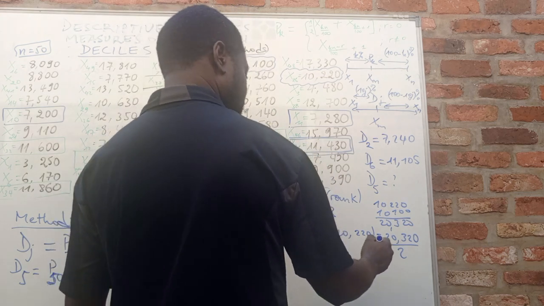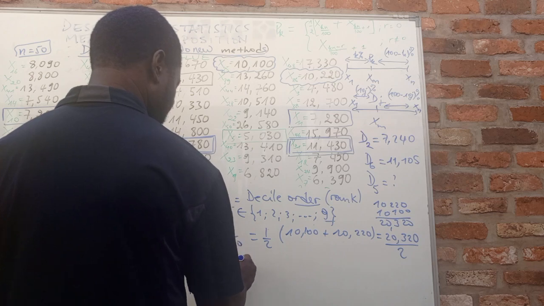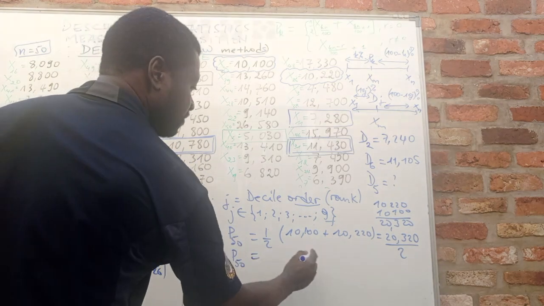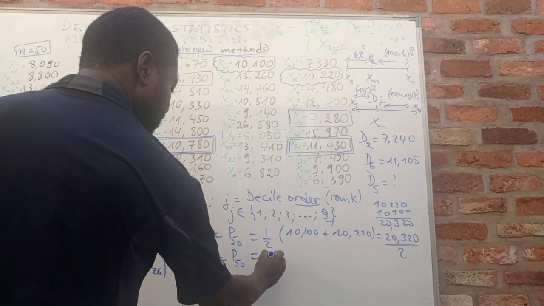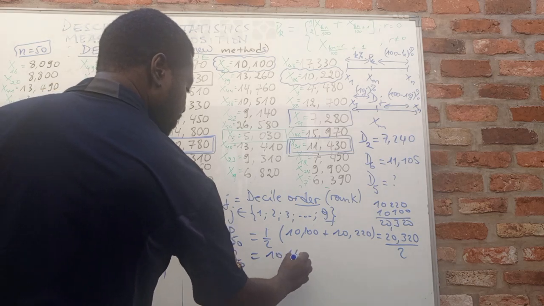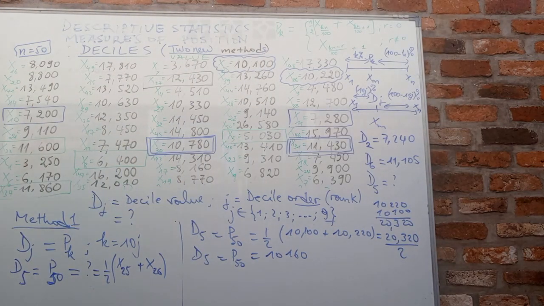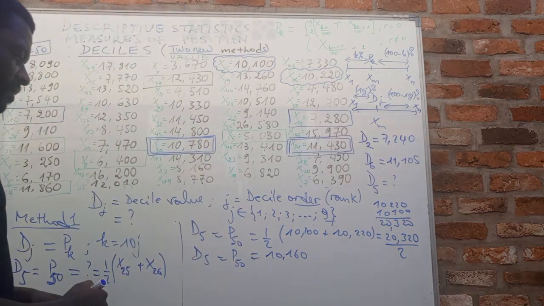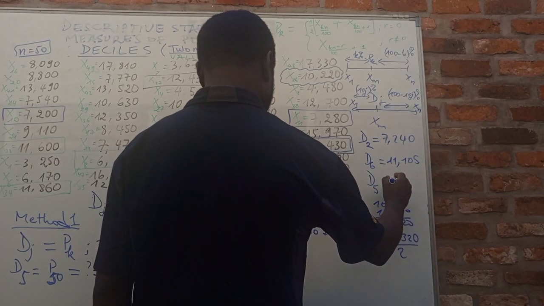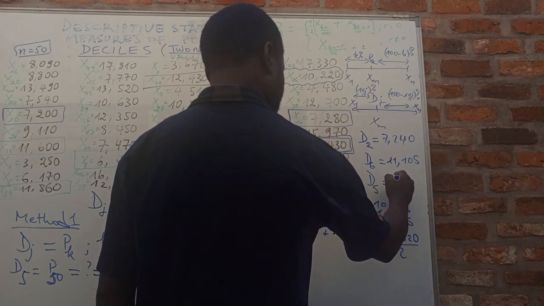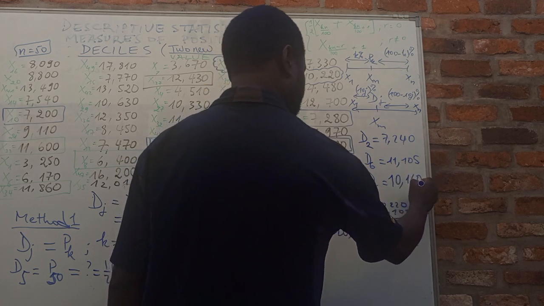So division by 2 will give D5, which is the percentile of order 50, equal to half of this one, 20,320. So it will be 10,160. So this is the decile of order 5, the value of which is 10,160.